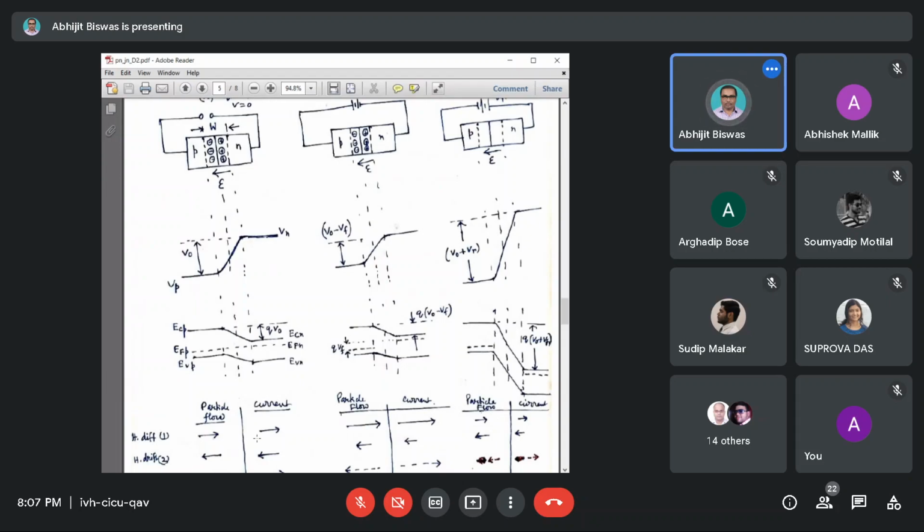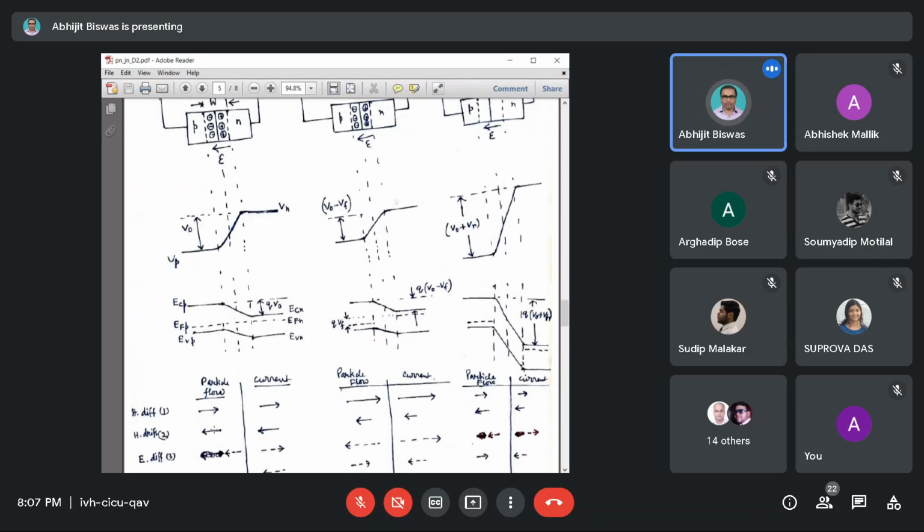So in the leftmost figure, you will see EFP and EFN. It is a horizontal dotted line. That means the Fermi level is constant throughout the entire structure. And the difference between ECP and ECN is equal to q times V0.